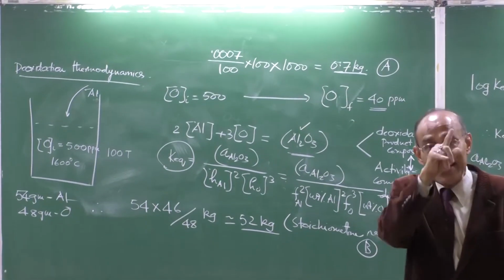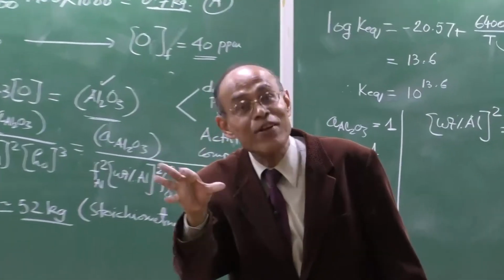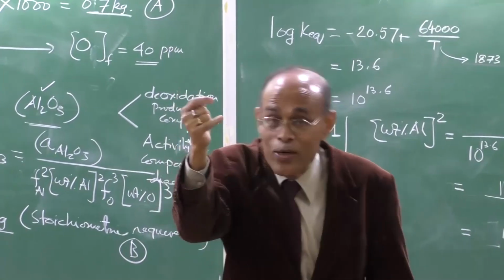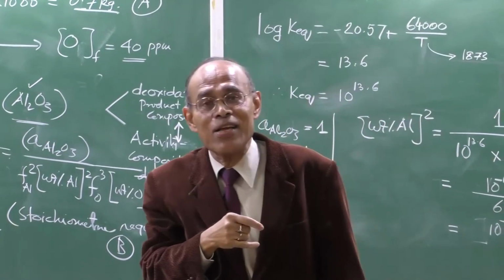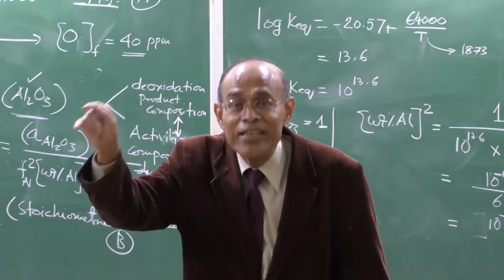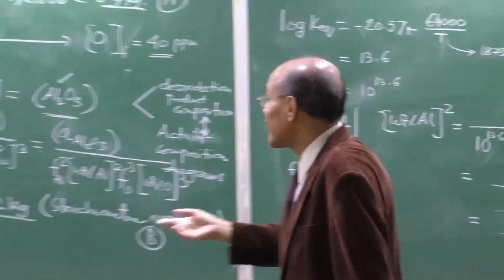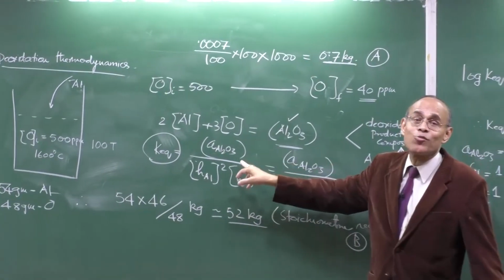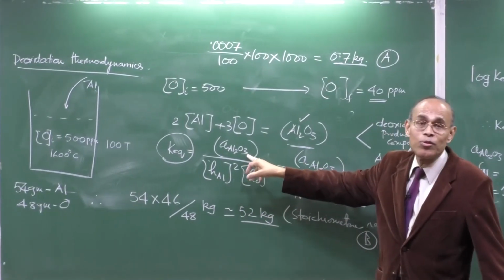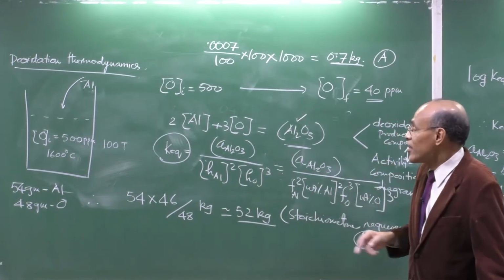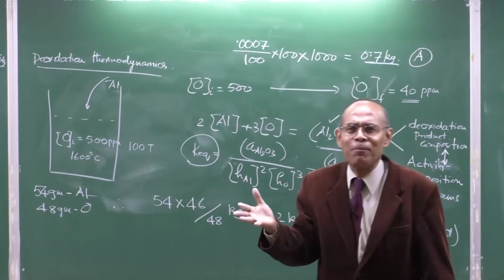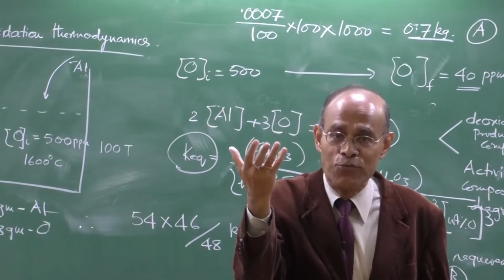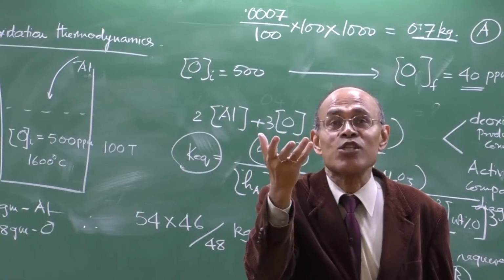Now, you have an activity versus composition diagram. From the given composition, you can find out from the diagram the corresponding activity of alumina and the corresponding activity of CaO, and that activity which you determine from the activity composition diagram needs to be substituted for Al2O3. Similarly, the same thing applies in silicomanganese deoxidation, which you call a complex deoxidation.